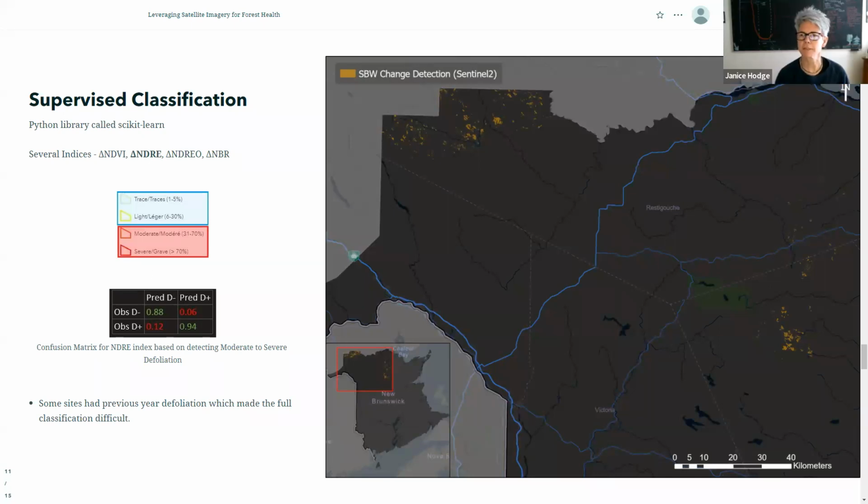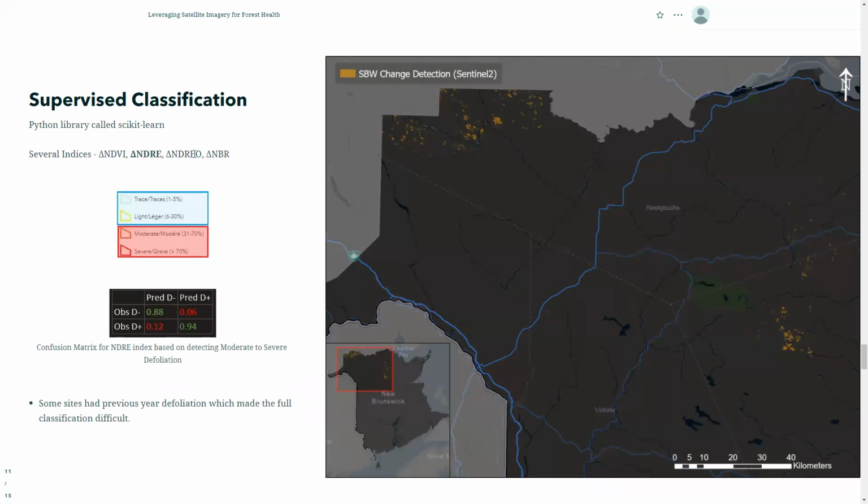Dan, I see you have a question. Yeah, thanks, Luke, for the great presentation and for the work that you guys are doing in New Brunswick using remote sensing to try to map defoliation from spruce budworm. One of the things that we're always doing when we're doing aerial defoliation is looking at how things are changing from one year to the next.